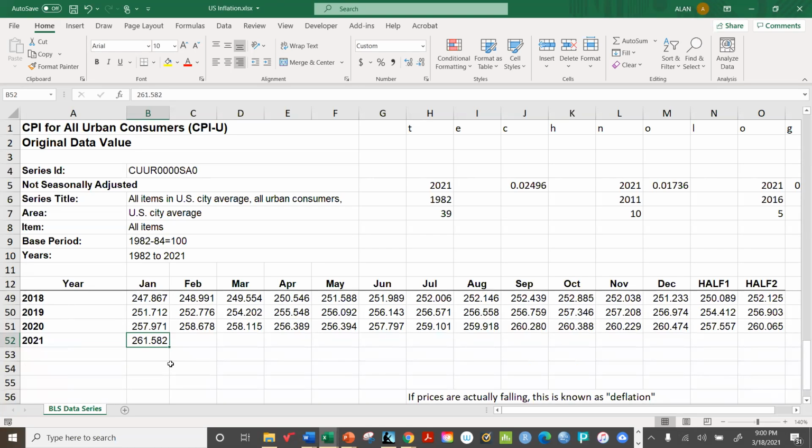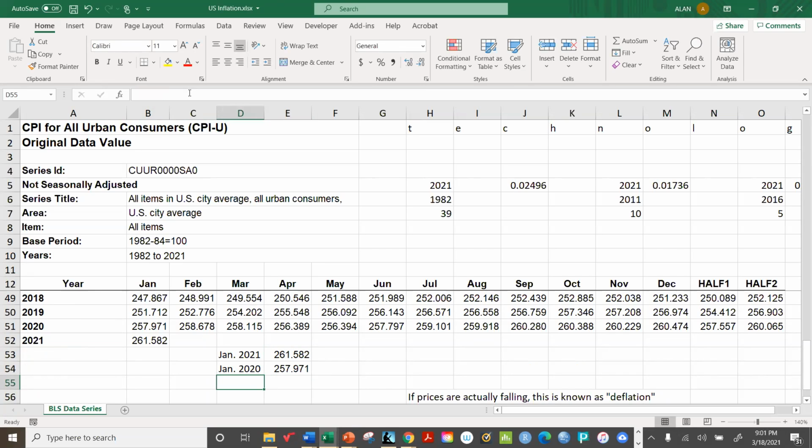So just as a quick example, if you look here in January 2021, our CPI was 261.582, and the year before it was 257.971.